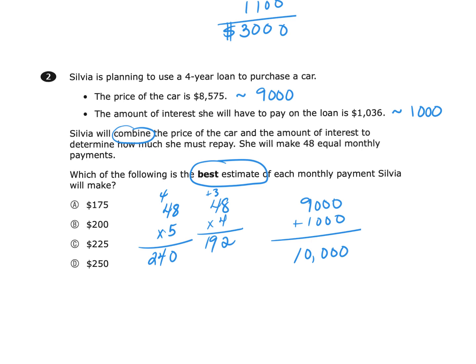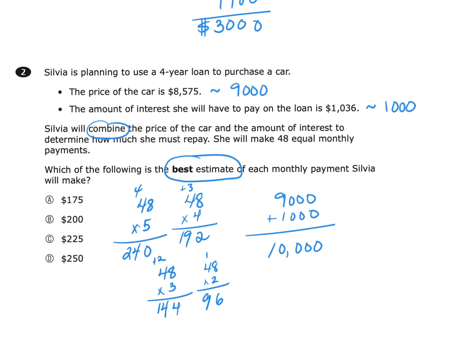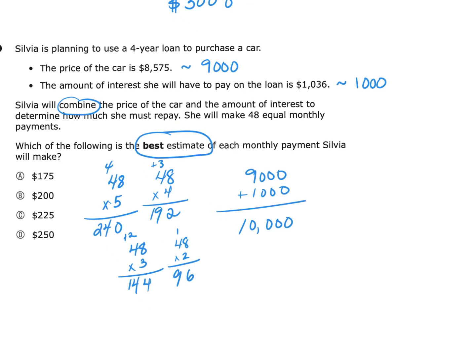It'll make sense in a minute what I'm doing. 48 times 3, 8 times 3 is 24, plus 2, that's 144. And then 48 times 2, 2 times 8 is 16, carry the 1, 96. So now we know what 48 times 2, 3, 4, and 5 are.